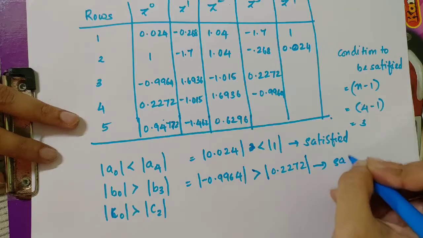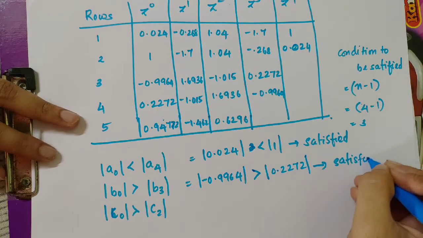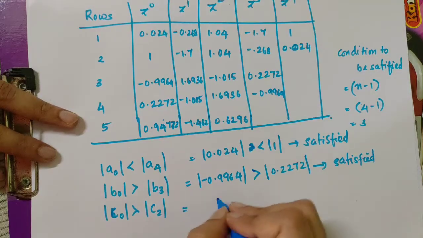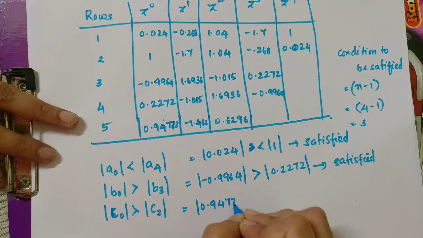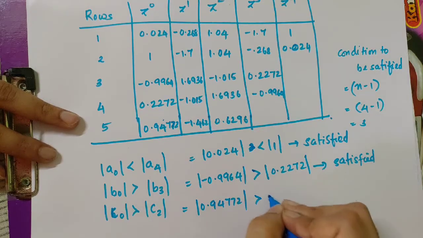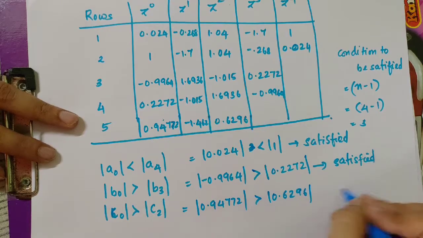This is satisfied, that is, 0.9 is greater than 0.2, so it is satisfied. Next one is 0.94772 is greater than 0.6296. That is also satisfied.